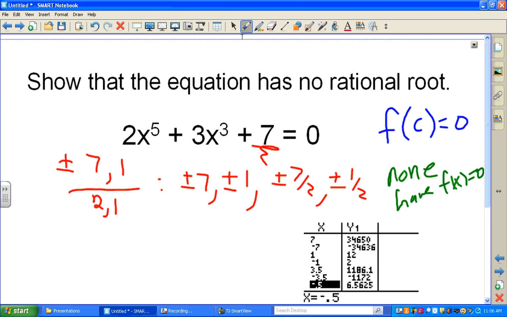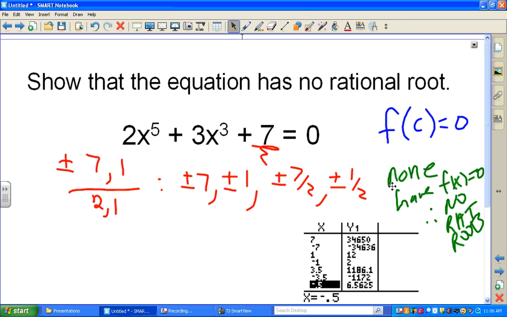You don't have to list them all. Just none of them have a function value equals 0. Therefore, there's no rational roots. No rat roots, that's a big phrase I used to use all the time.